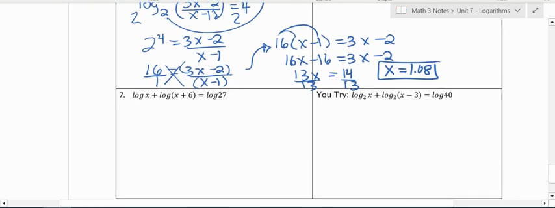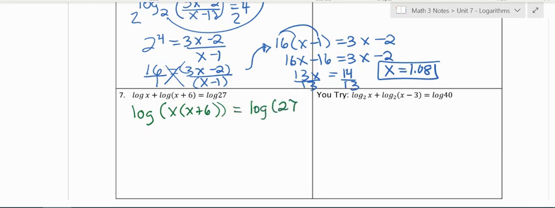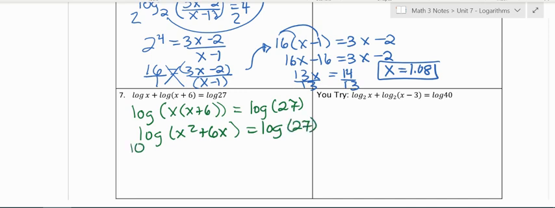The last one, same idea. This one is actually the multiplication that we have to rewrite it because it's addition. So log of x plus log of x plus 6 is equal to log of 27. If I rewrite this, I have log of x squared plus 6x equals log 27. And then we can just raise it to a base of 10 or rewrite it. And then now we're just going to go ahead and factor it out.